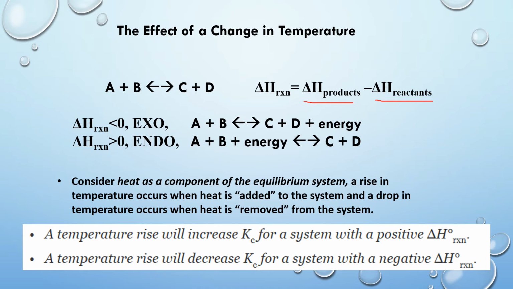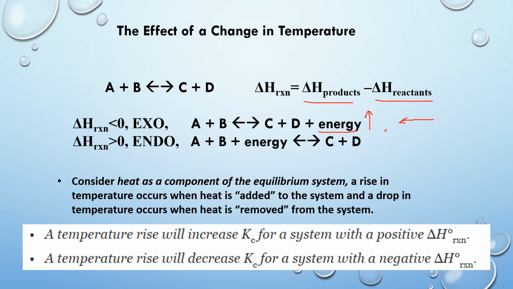For example, if I increase the temperature for an exothermic reaction, I increase the energy. Because the energy is on the side of the products, the net reaction is going to reduce it. So the chemical reaction will be shifted to the left, to the side of the reactant. Again, treat this energy as another product.